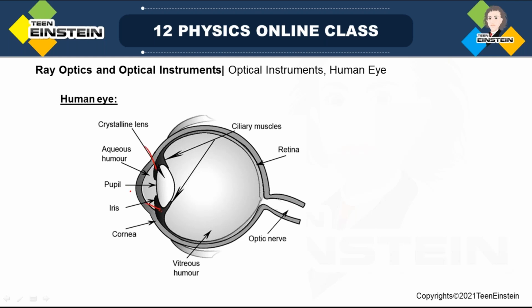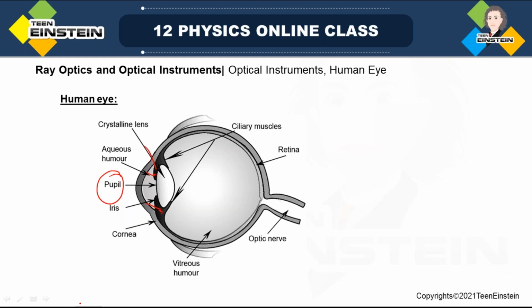This is the iris. In the middle of the iris, there is a small hole, a small pinhole, that is called the pupil. What is this called? Pupil.